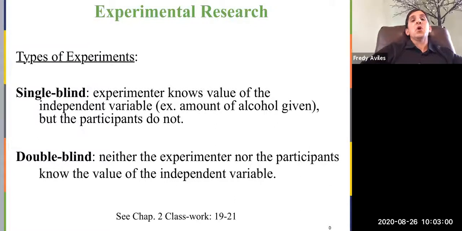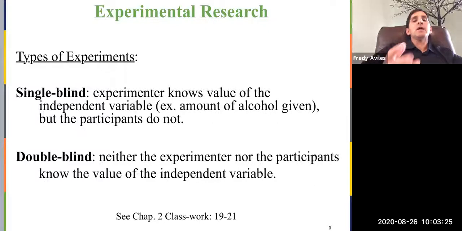The experimenter knows if the participants are getting alcohol, if they're not getting alcohol, if they're getting a placebo. The experimenter knows what's going on, but the participants do not. They don't know what they're getting. They don't know if they're consuming real alcohol or fake alcohol. They're kept in the dark. They're kept blind. That's a single blind study.